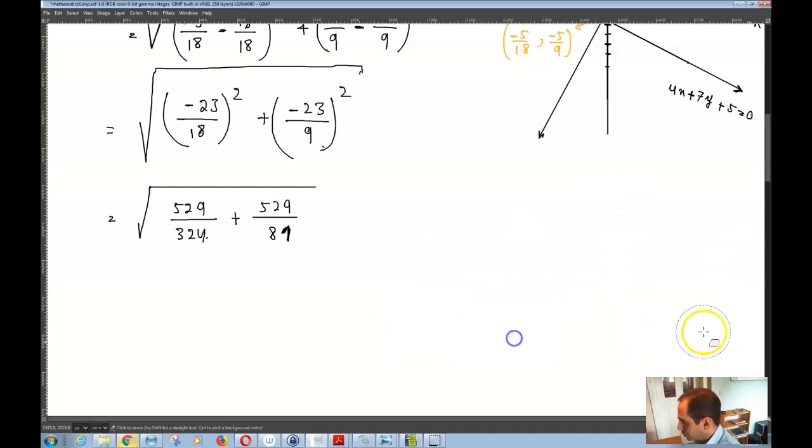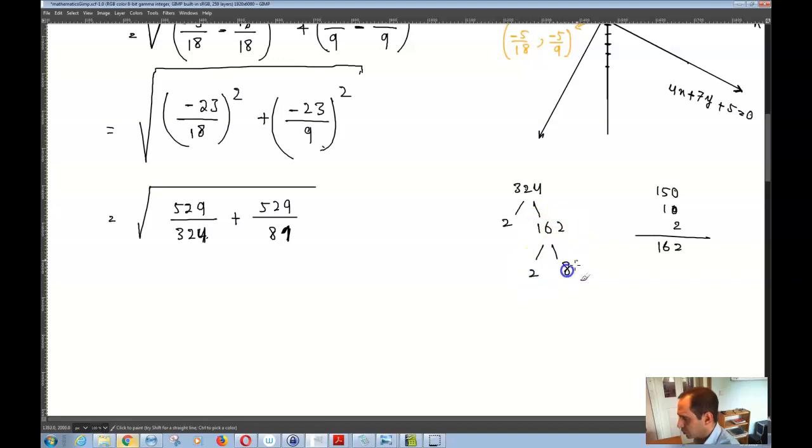And then this is equal to, well, 324 must have some factor of 81. I suppose so. If I write 324, divide by 2, you will get 162, and that divided by 2 is 81.